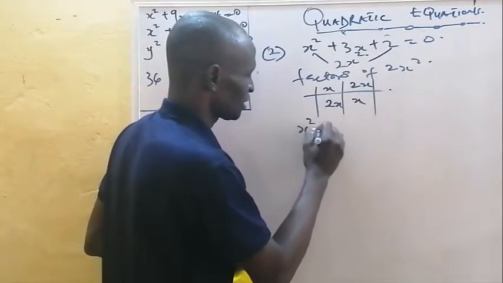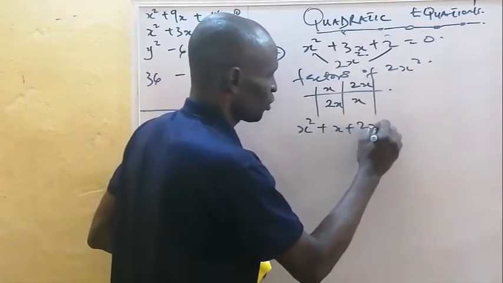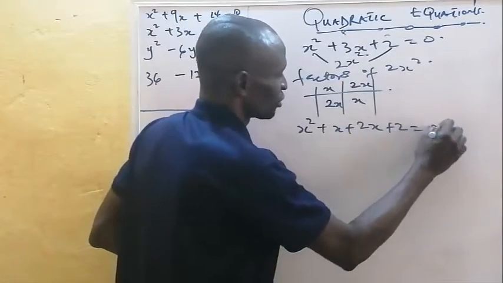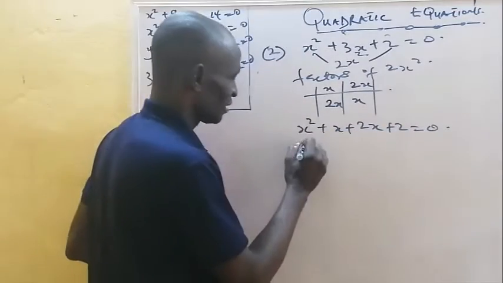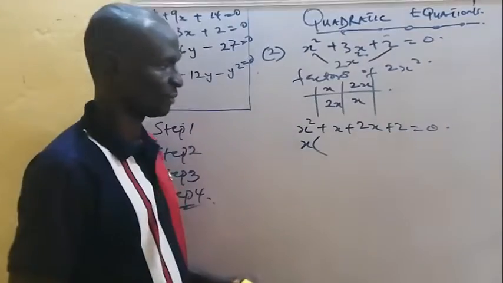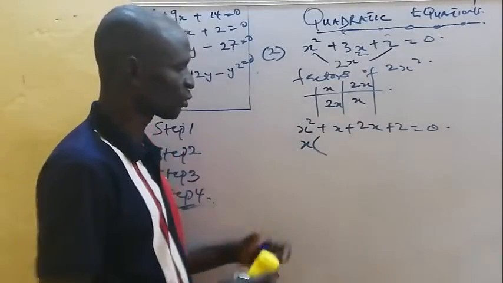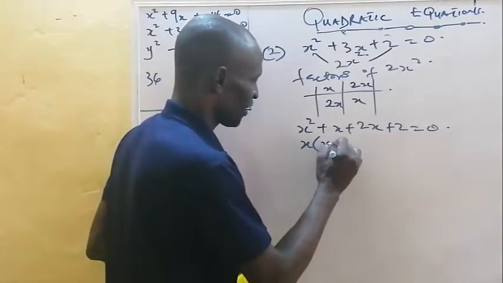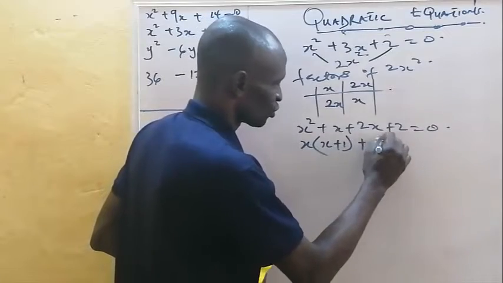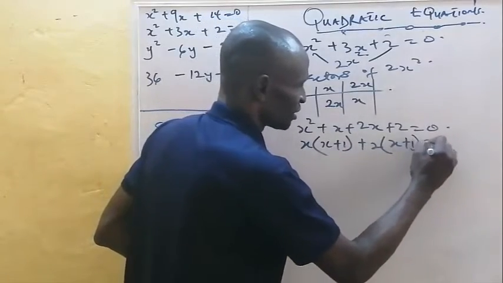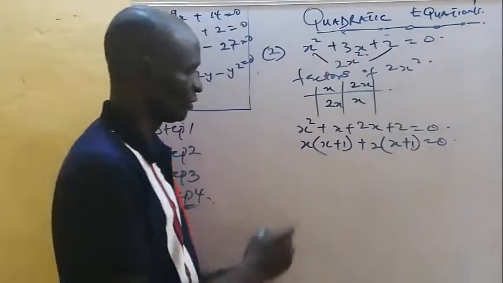That means this implies x squared plus x plus 2x plus 2 is equal to 0. So that if I'm factorizing now, bring out one of the x out, I have x plus 1 plus 2 into x plus 1 is equal to what? 0.